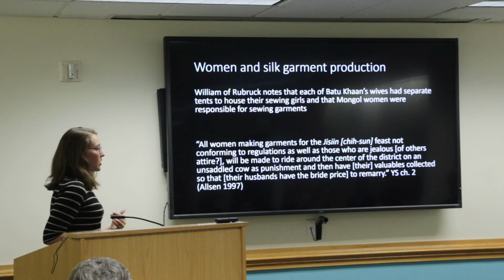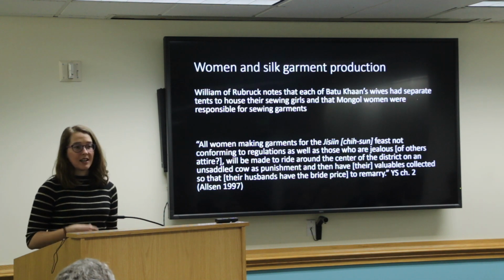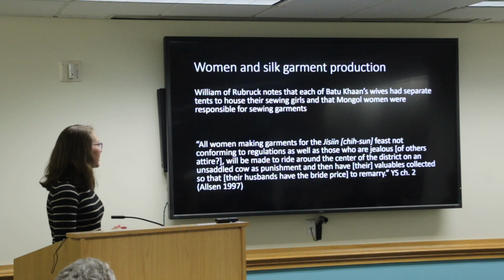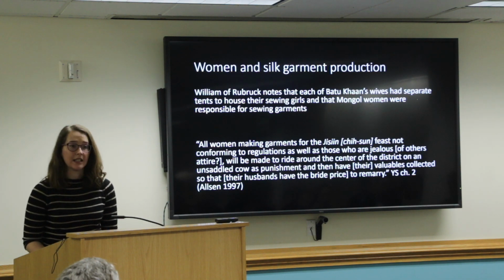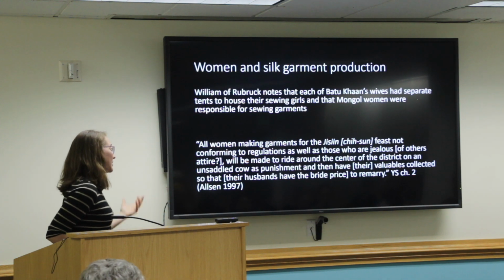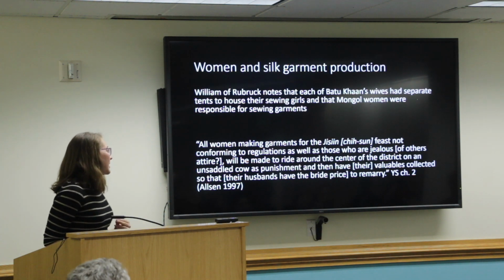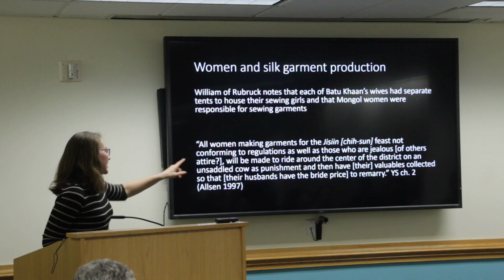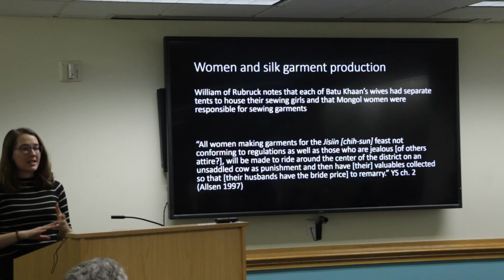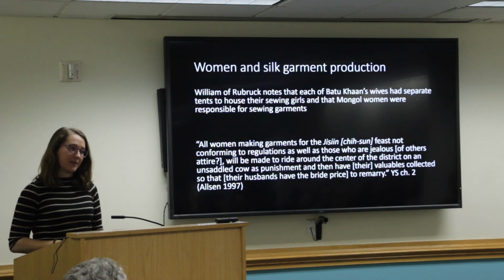We have these records that show that the Mongol queens had sewing girls as part of their retinue and part of their responsibility. And we can see this is part of the legal code. I kind of skipped over this, the Jisun feast is a feast of robes of one color.